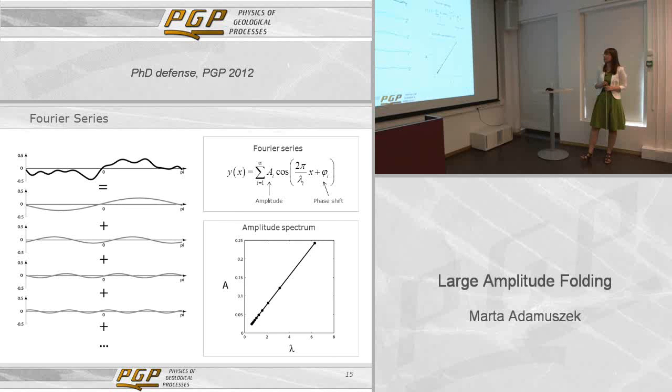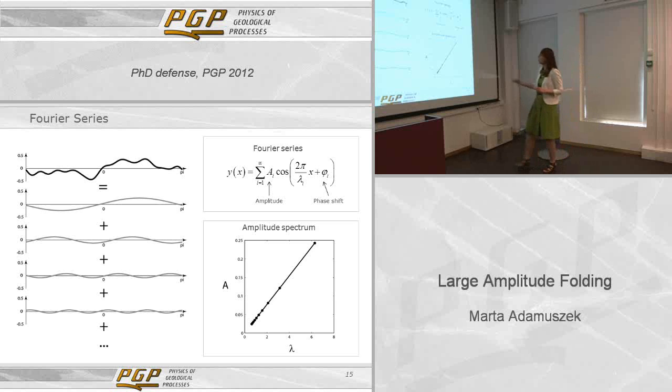The main goal is to predict the fold shape evolution from any perturbation type. So I employed the Fourier analysis. It means that any perturbation, as for example presented here, can be represented as a sum of simple functions, as sine and cosine functions.